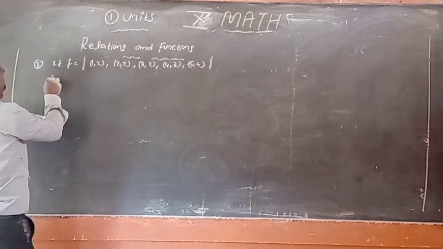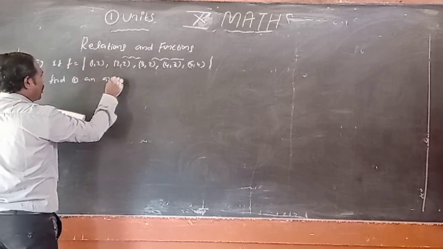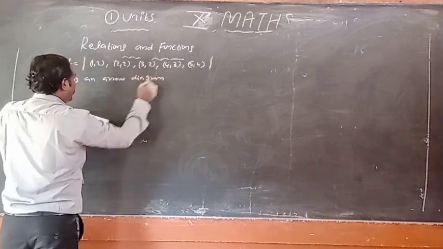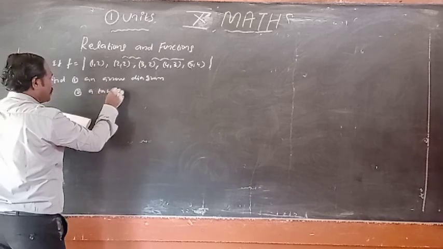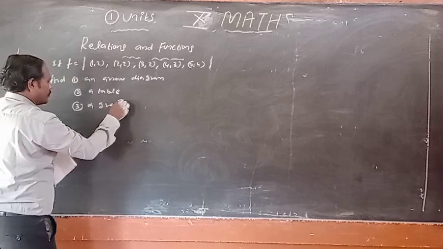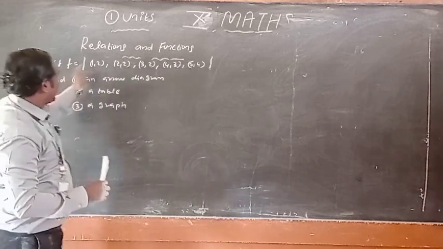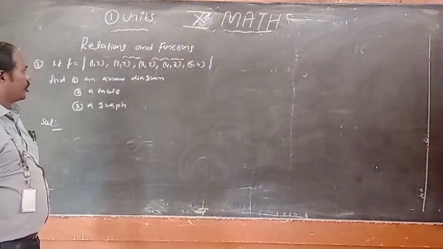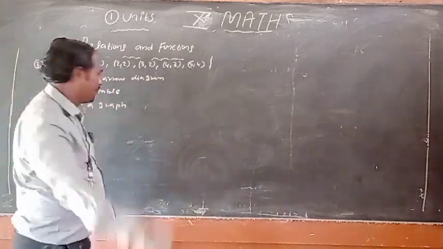According to the given data, find first an arrow diagram, second a table, third a graph. Now let us watch it. That is all the data given: F from 1 comma 2, 2 comma 2, 3 comma 2, 4 comma 3, 5 comma 4. Find an arrow diagram, a table, a graph.